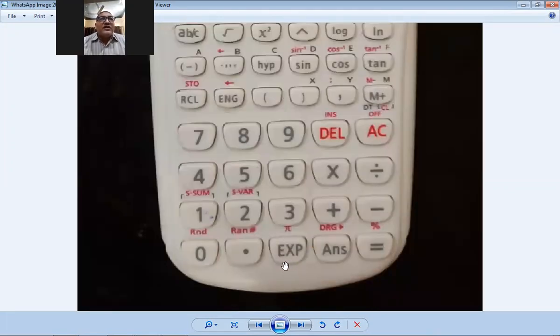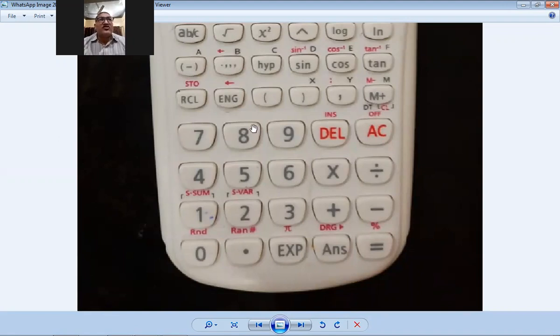In some calculators, instead of Expo, it is written 10 raised to power X, I think. So Expo means this. Either in your calculator it is written Expo here, or it's 10 raised to power something written here. So we have to use this button. This button is answer, and this is equals to.